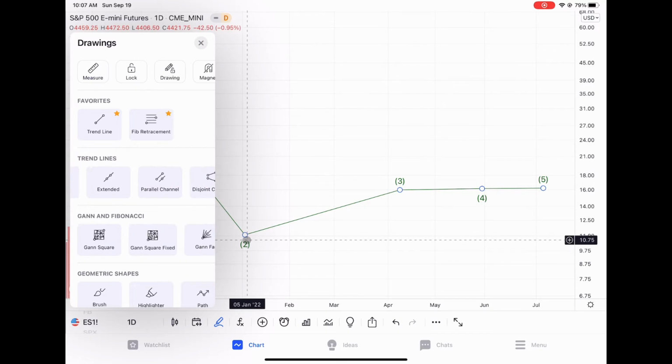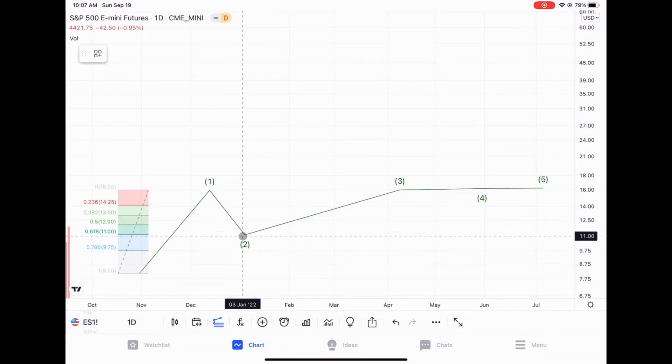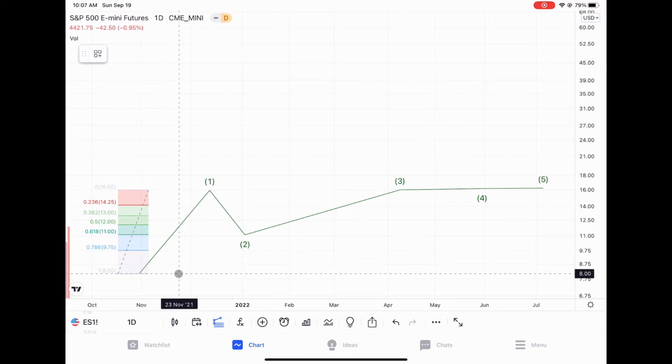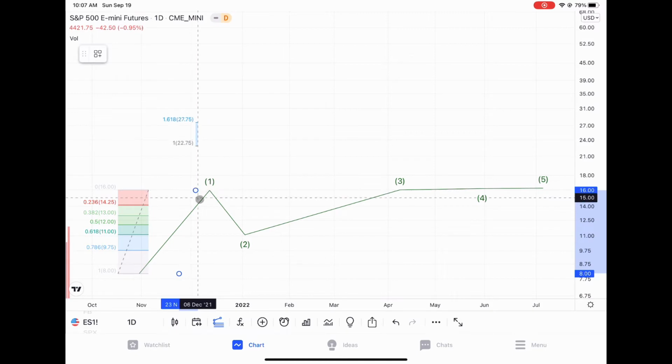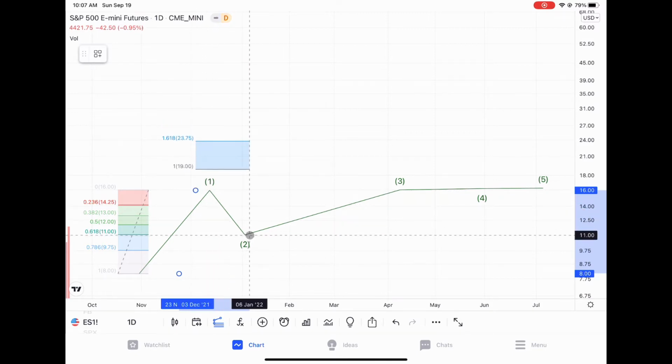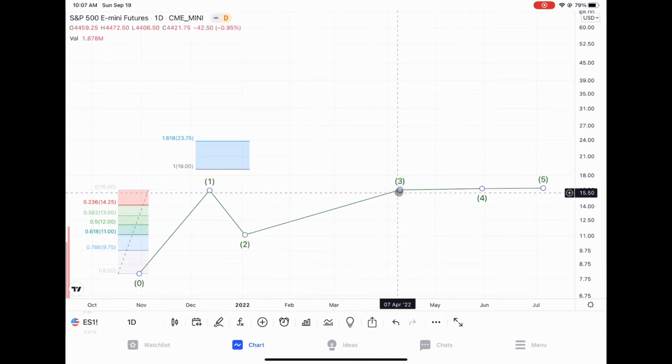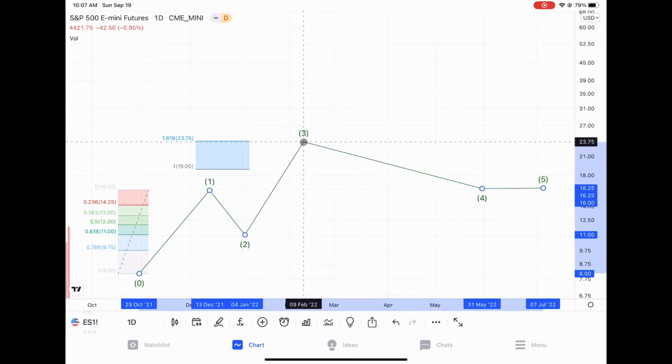Now, for the next projection, I bought in here. Where can I expect the stock to go now? You take your extension tool, you plot the bottom of one to the top, and then to where two landed.